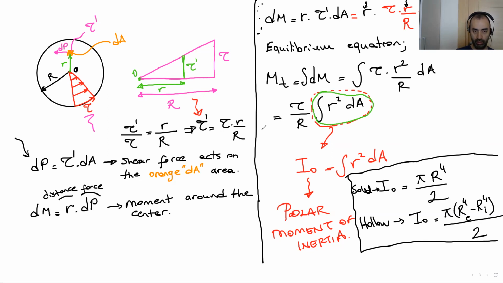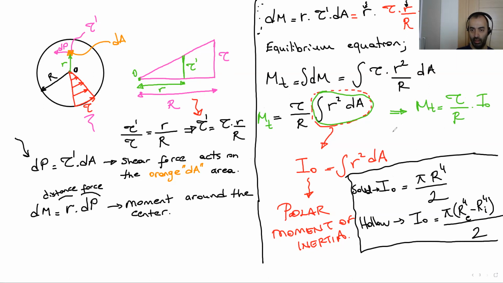So here, equation here, MT. The open form here is, let me write, MT is tau over R times I0.